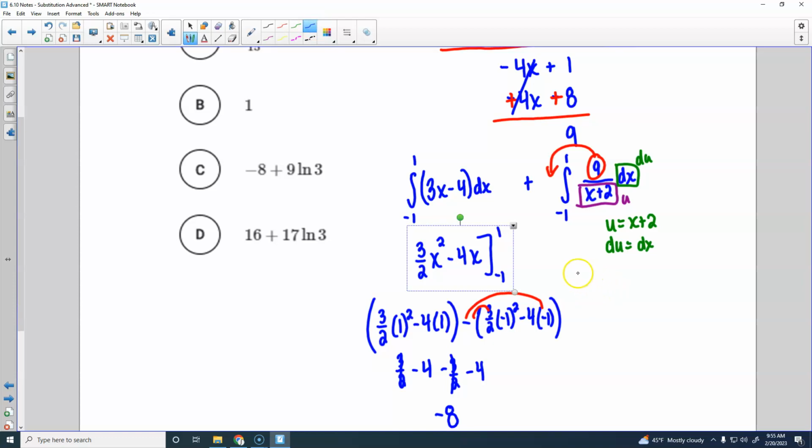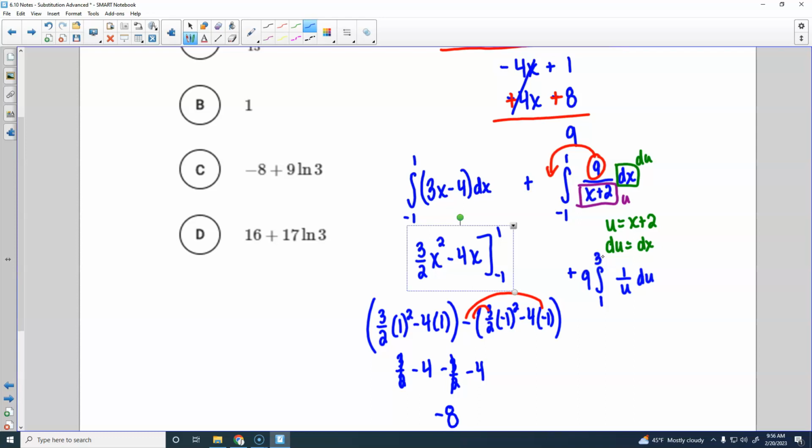So I could change this to 9 times the integral of 1 over u du. And I'm just going to switch my limits so I don't have to go back to x's. So negative 1 plus 2 gives me a positive 1, and 1 plus 2 is going to give me a 3.